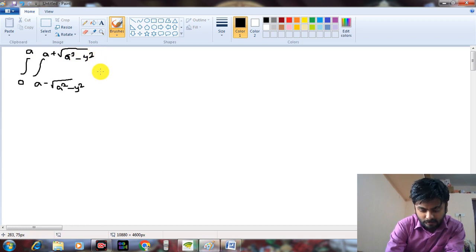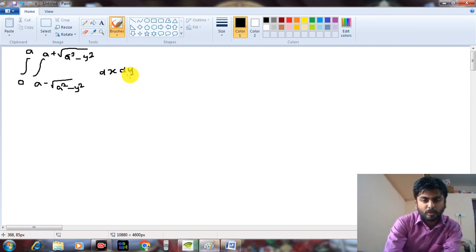These limits are having no functions. Instead we are having only one as the function for the operators dx and dy.